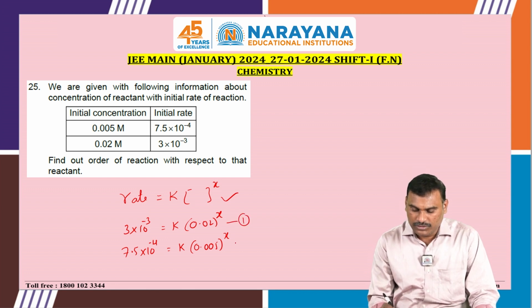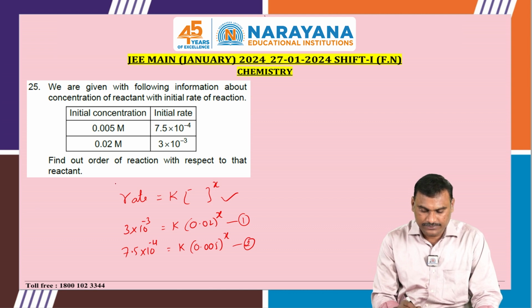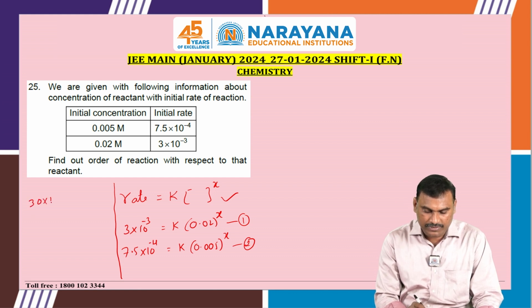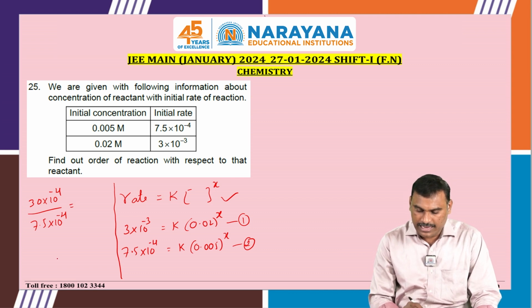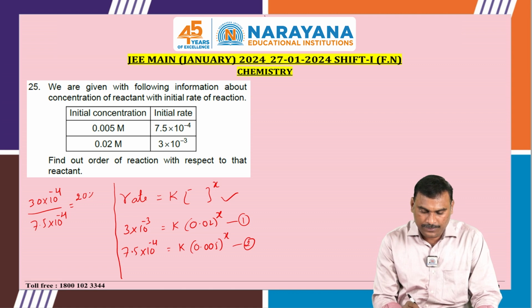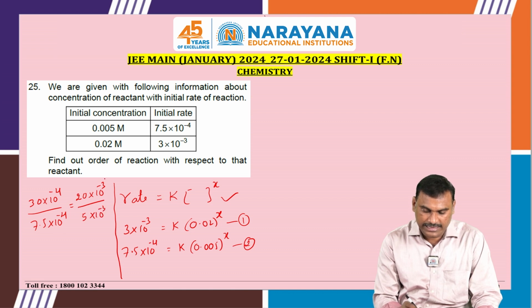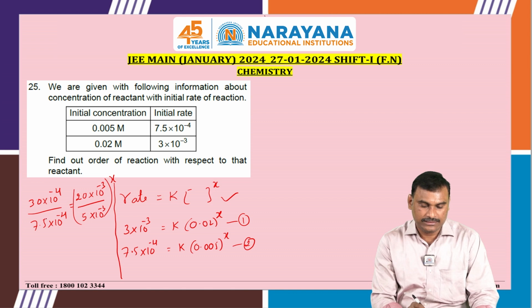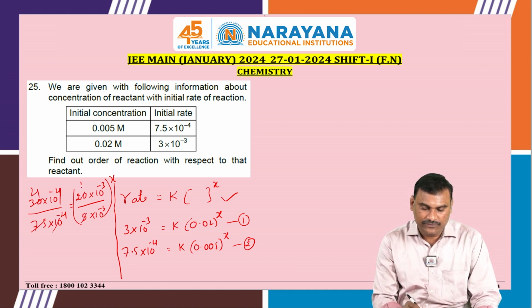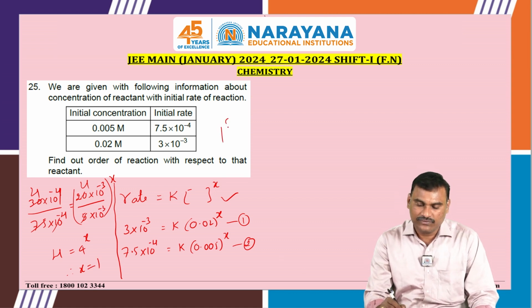When you divide equation 1 by 2, I write 30 into 10 power minus 4 by 7.5 into 10 power minus 4 is equal to 20 into 10 power minus 3 by 5 into 10 power minus 3, whole power X. That is 4 is equal to 4 power X. Therefore, X equals 1, that is first order.